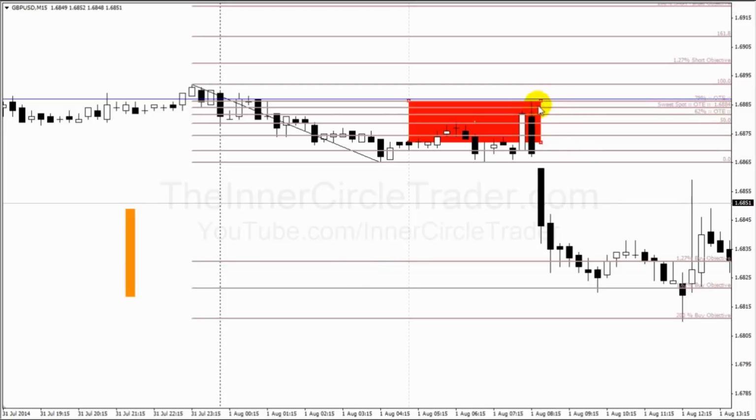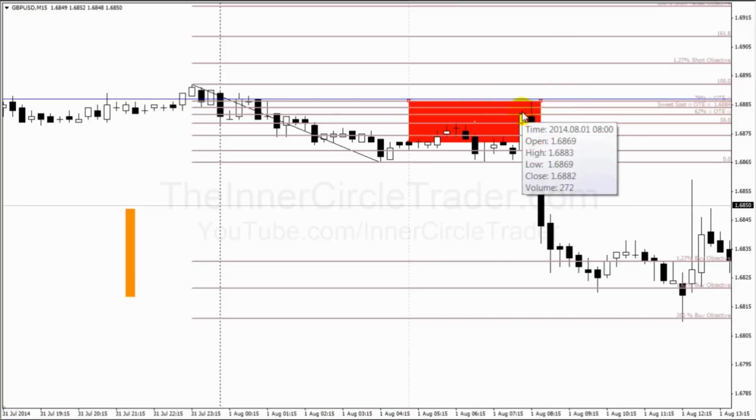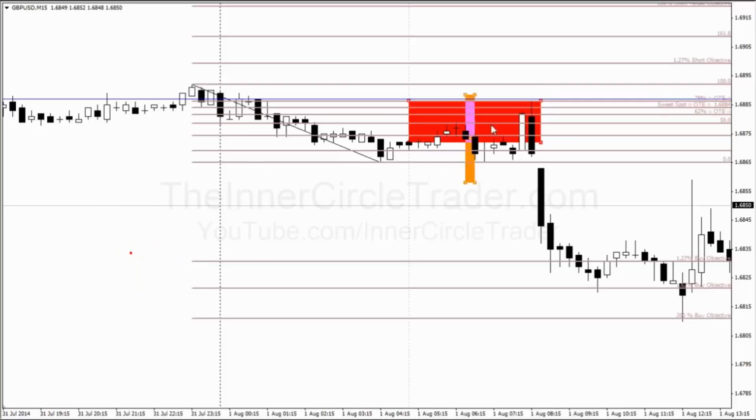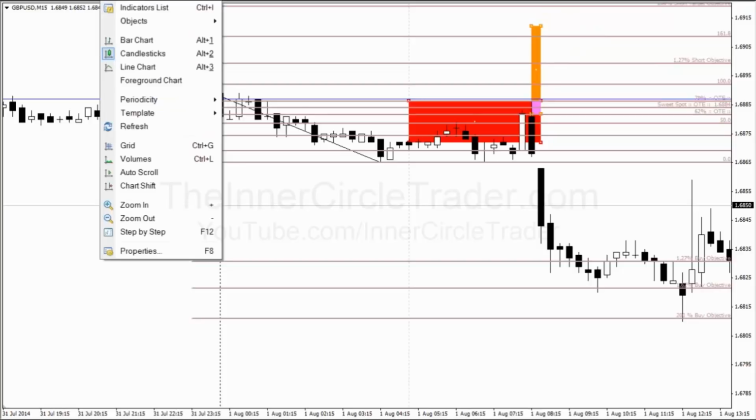If this is where we're entering at the London Open at 8 GMT, which is basically 3 a.m. New York time, and we take that entry point using the 62% line right there, I'm taking the range of 30 pips on this rectangle, putting it right on that 62 level, and adding 30 pips to it. Right up here, that's where your stop loss is.